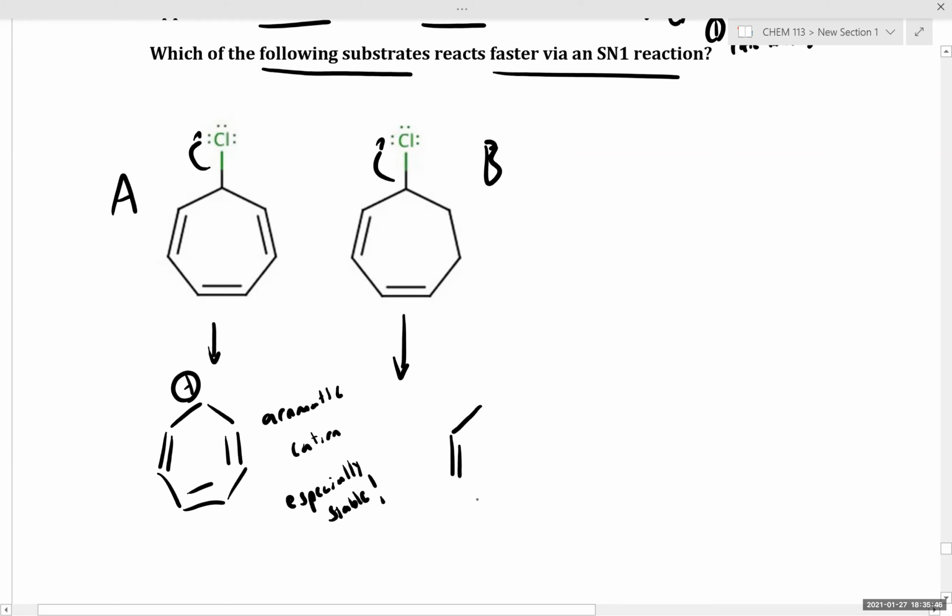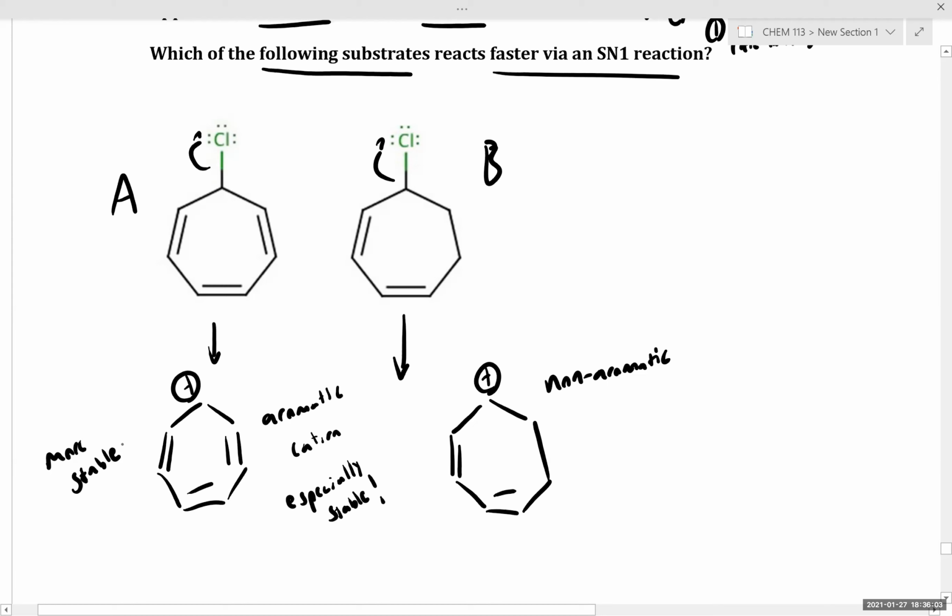Comparatively, if we look at structure B, this cation is conjugated, but it's non-aromatic. So the cation from A is more stable.